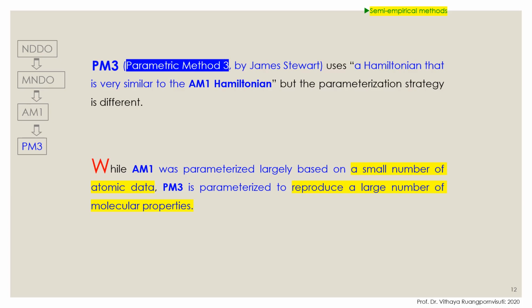While the AM1 method was parameterized largely based on a small number of atomic data, PM3 is parameterized to reproduce a large number of molecular properties.